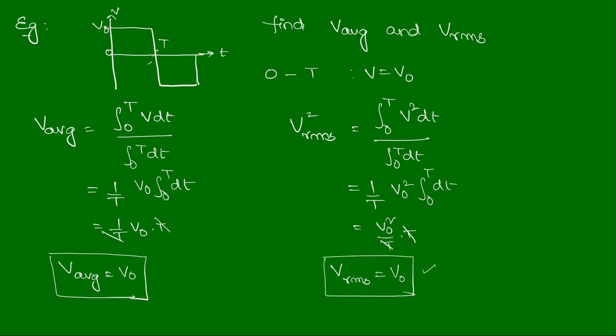And here in this question, V average and VRMS both are equal to V naught. This is not true in all the cases. Just look at one more example. If you are given a graph like this, this is T by 2, and this is a graph between voltage and time, and the peak value here is V naught.